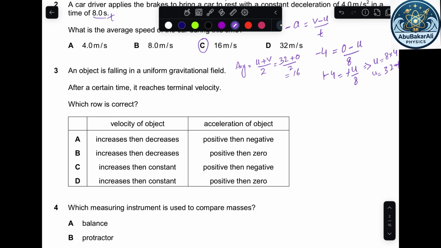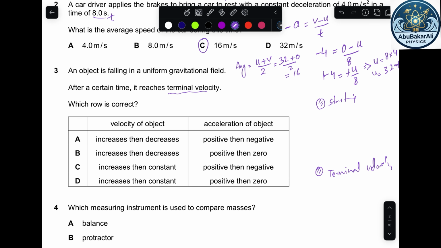An object is falling in a uniform gravitational field. At a certain time it reaches a terminal velocity. Which row is correct? Okay, so the velocity of the object increases then decreases. What you need to know: let's suppose the object is starting from this starting point, and this is the point where it reached terminal velocity.